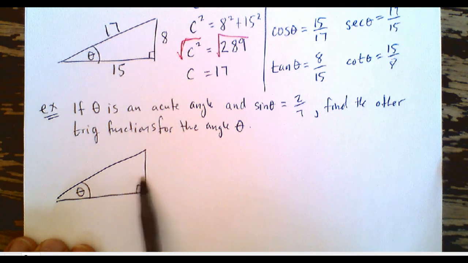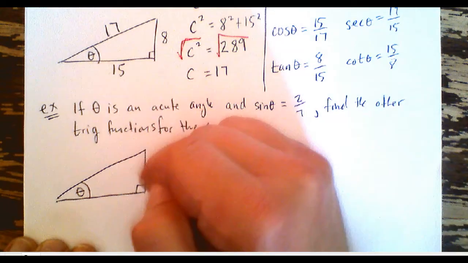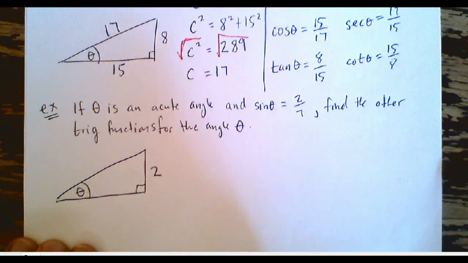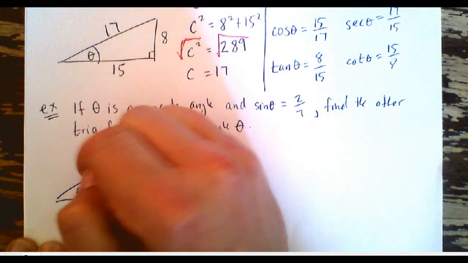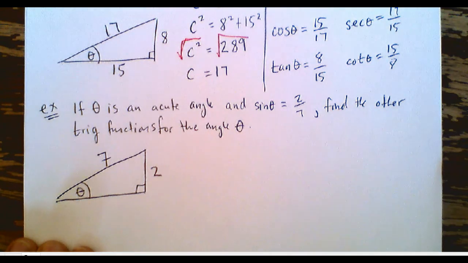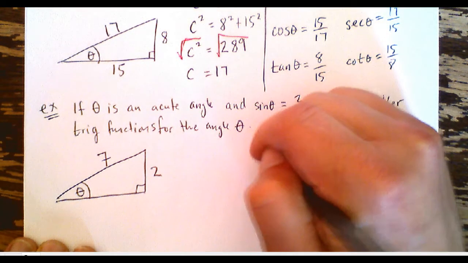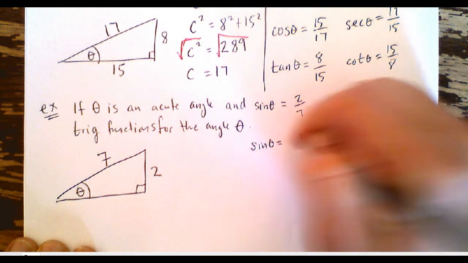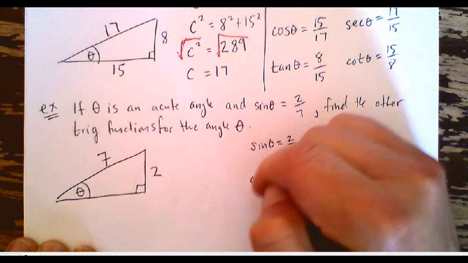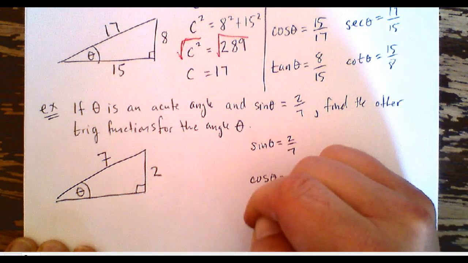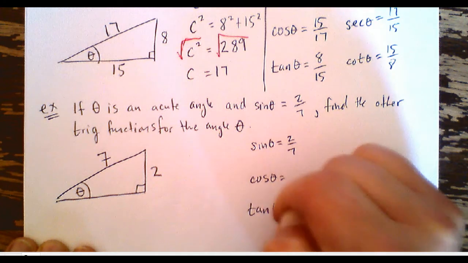So the opposite side is across from the angle. That would be 2. And the hypotenuse, our big side, is 7. So we know that the sine of theta is equal to 2 over 7. Let's go ahead and set up our landing pad for the other ones.